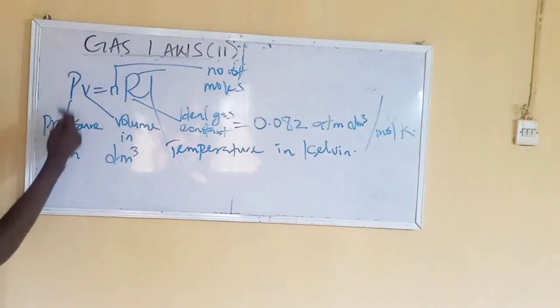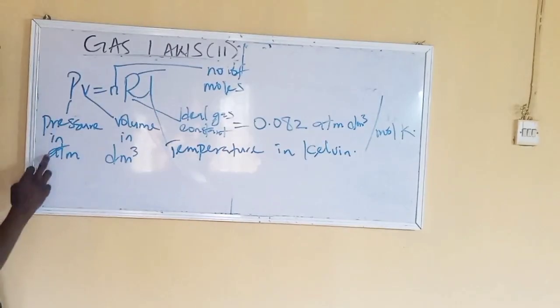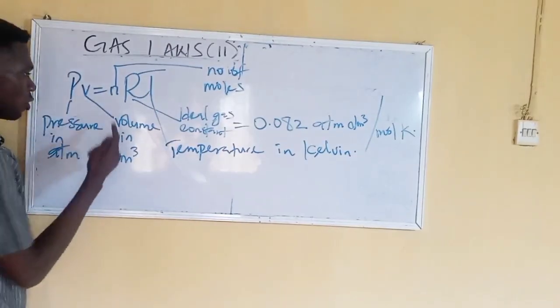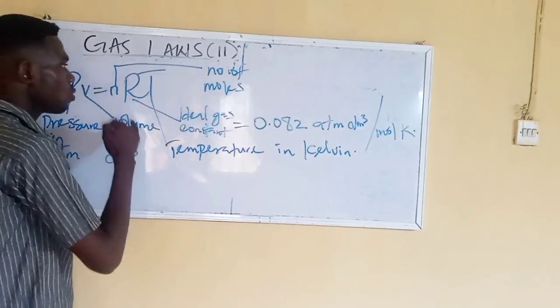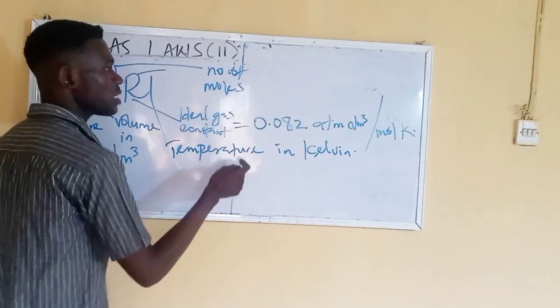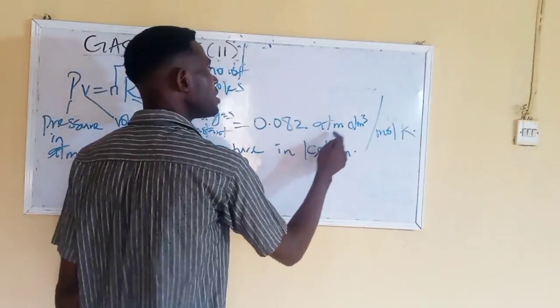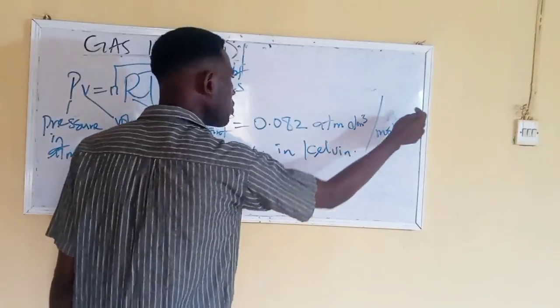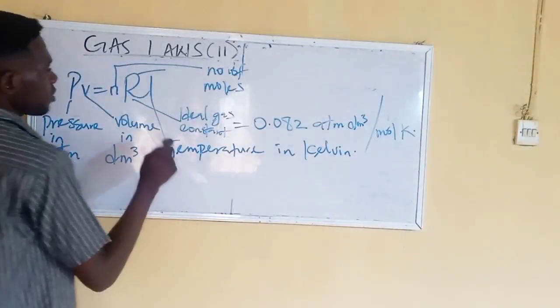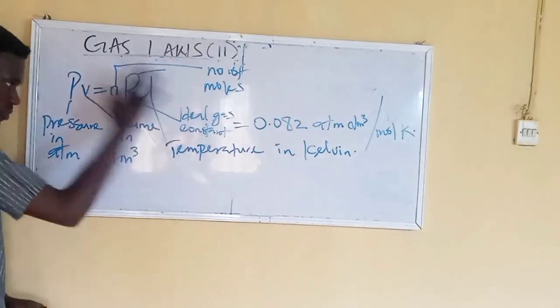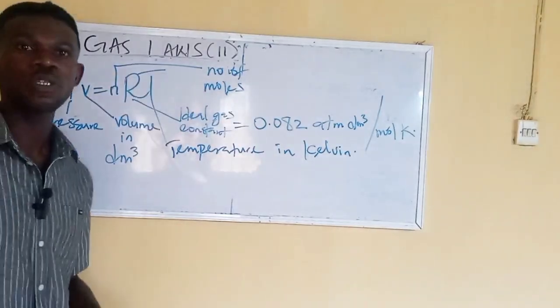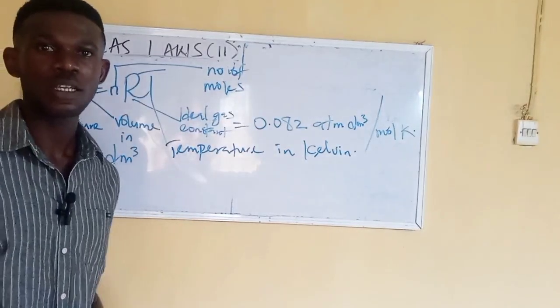So the recap is: P stands for pressure in atmosphere, V is volume in dm cube, n represents the number of moles, and R stands for the ideal gas constant, which is 0.082 atm dm cube per mole per Kelvin. T is temperature in Kelvin. This is the formula you work with when you want to carry out calculations with the ideal gas law.